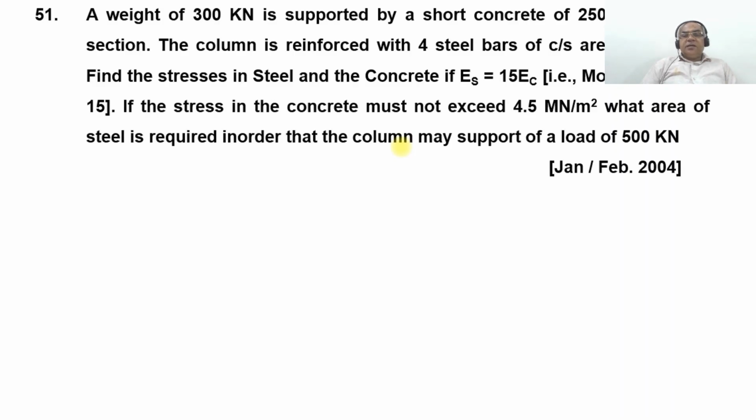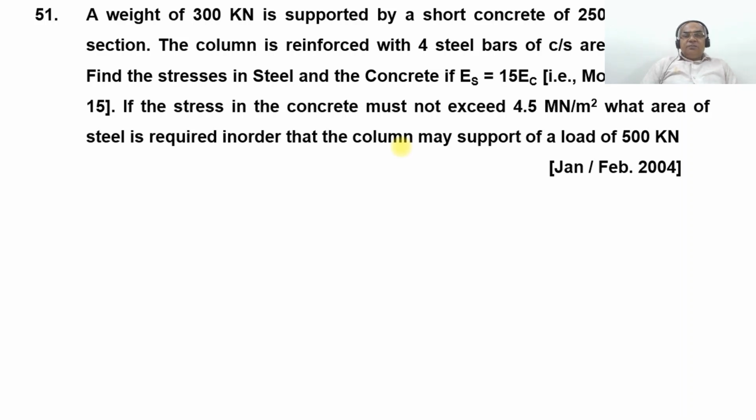Let us take one more problem. A weight of 300 kilonewton is supported by a short concrete column of 250 mm square section. The column is reinforced with 4 steel bars of cross-sectional area 5500 mm square. Find the stresses in steel and the concrete if ES will be equal to 15 times EC, that is, the modular ratio is 15.